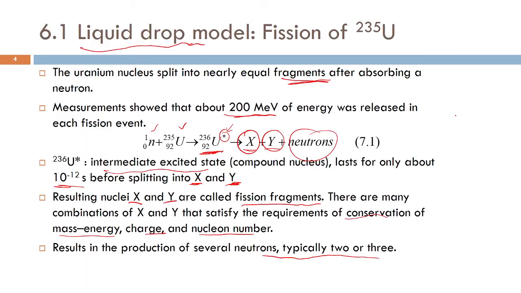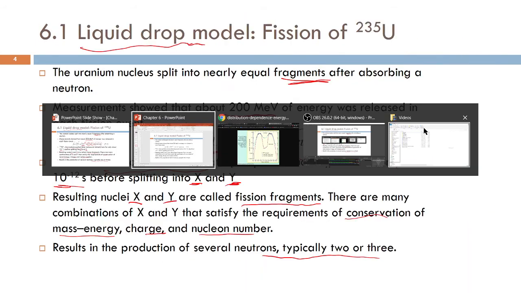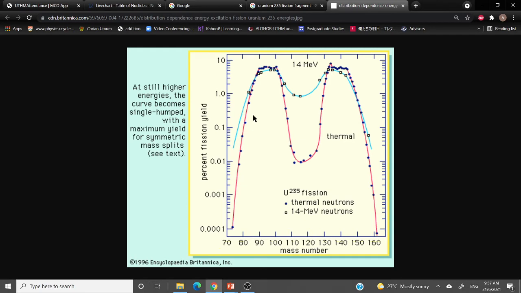Okay, so with thermal neutron you get the broad red in color, and with fast neutron you get blue.